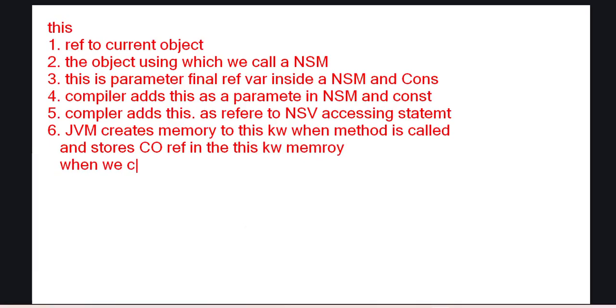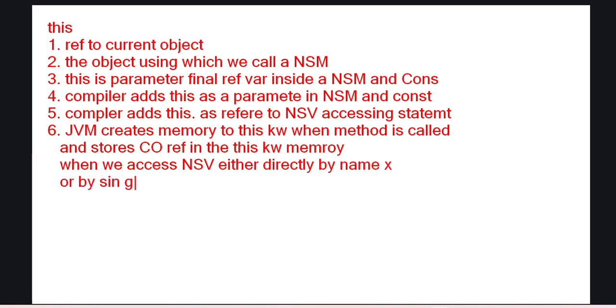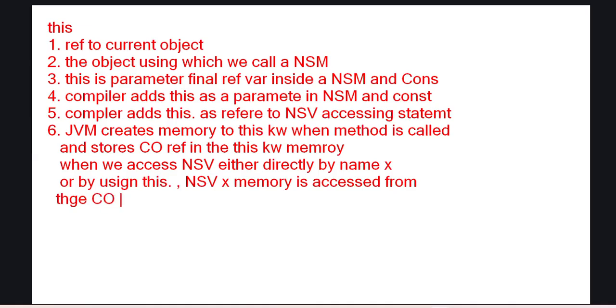Then when we access a non-static variable, either directly by its name x, or by using this.x, the non-static variable x memory is accessed from the current object. Who is the current object? The current object may be E1 or E2 or anything else. So these are the points you have to understand.